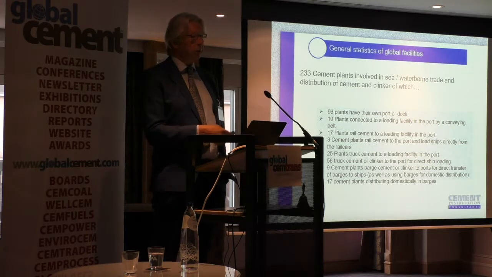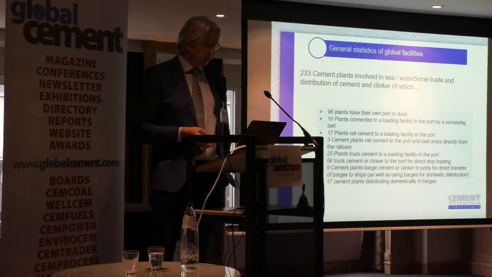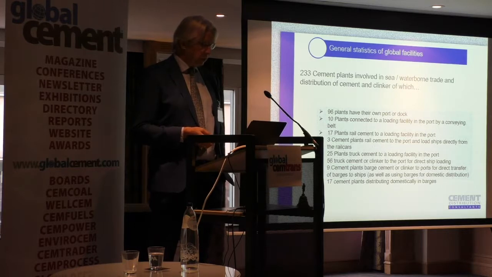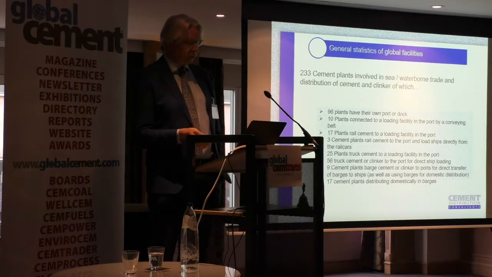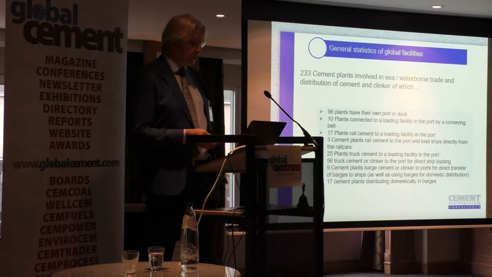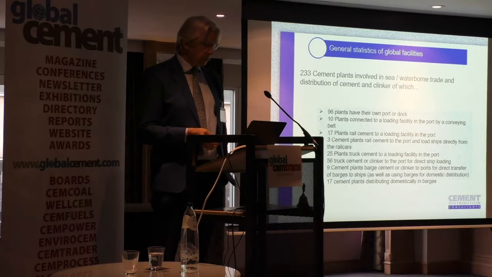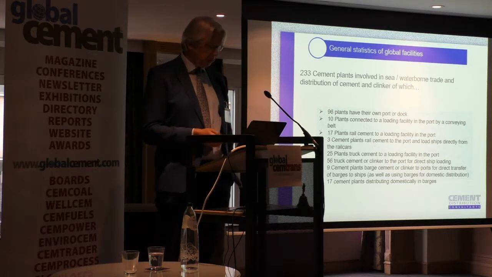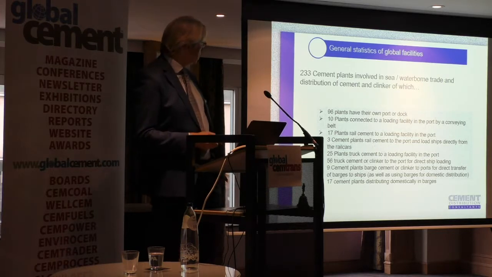Cement by boat trucks that blow pneumatically the cement into the seagoing vessel. And 9 cement plants barge cement to deep water facilities, which can be rivers even, they don't need a dock anymore then, and transfer directly from barge to ships. And 17 cement plants distribute domestically in barges.